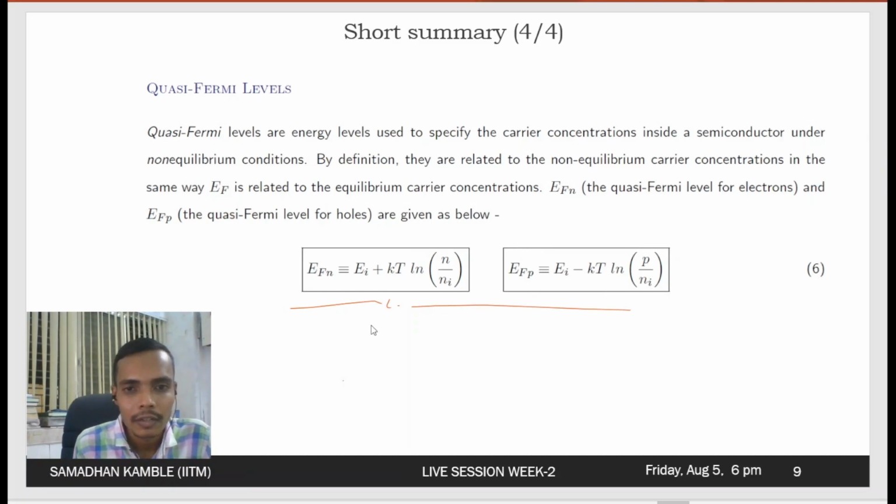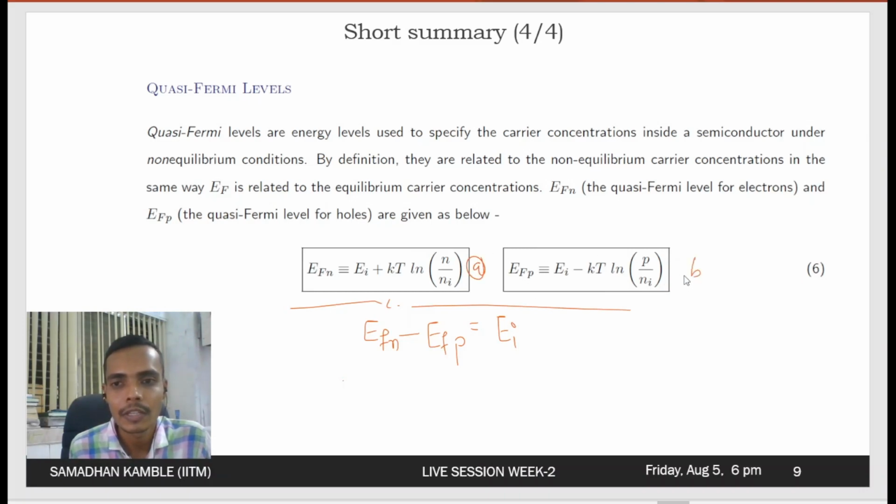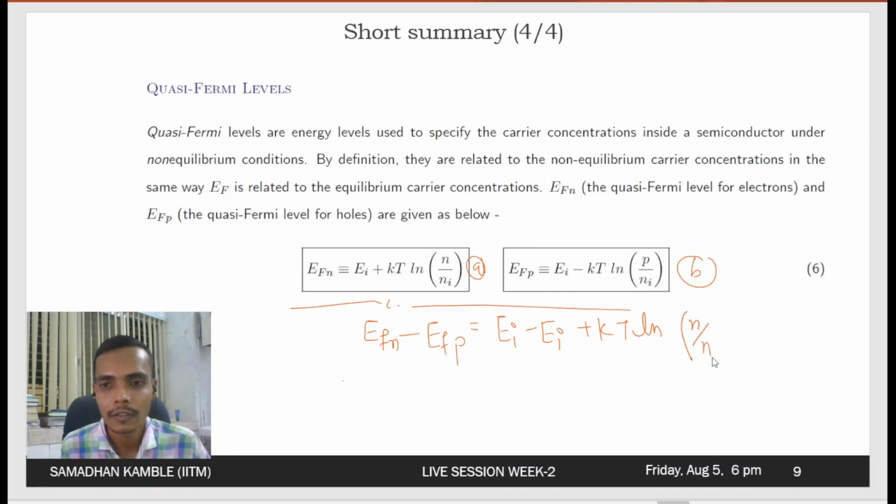Our EFN minus EFP is nothing but, if you call these equation A and equation B, we can subtract equation A from equation B. So the LHS is simple. Now let us do the same thing in the RHS: Ei minus Ei, times kT ln of n over ni, and minus times minus becomes plus, so we have kT ln of p over ni.